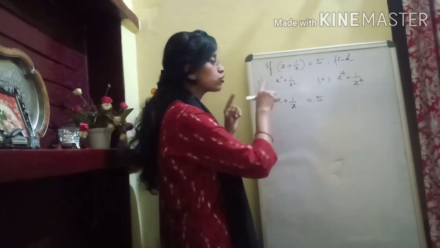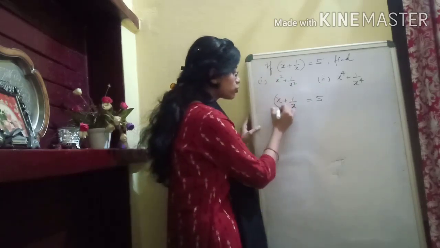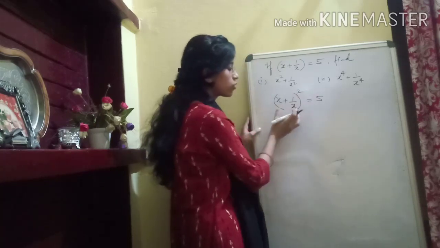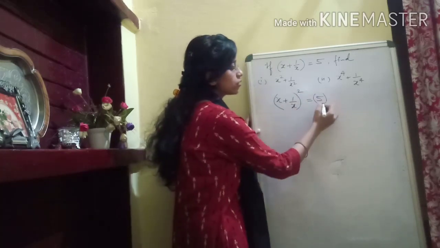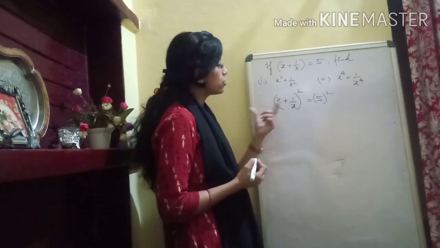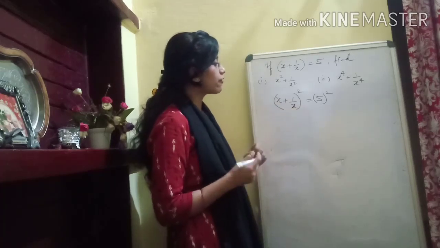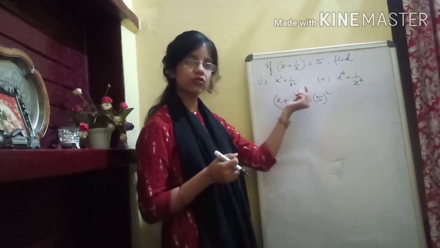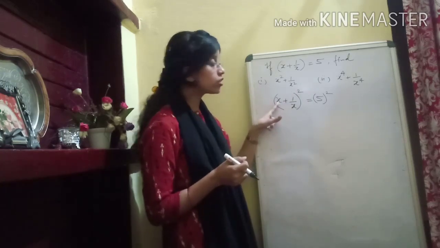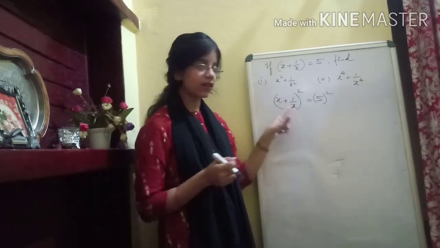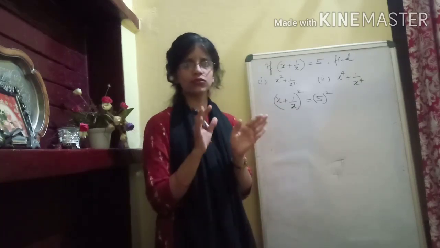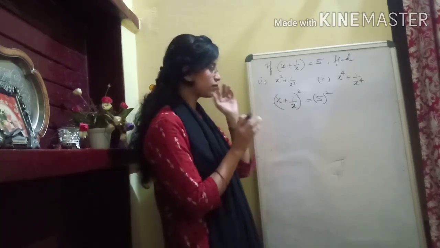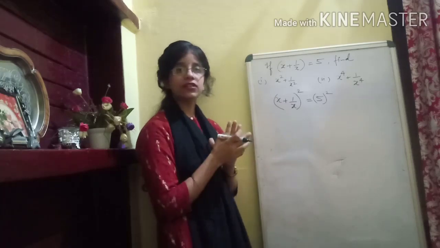Let's see. Now squaring both sides, it will be whole square on the left side as well as square on the right side. Now if you see on your left side, we are having an identity, that is a plus b whole square. What is a? X. What is your b? 1 upon x. So let us open. Till now you know which identity to use.